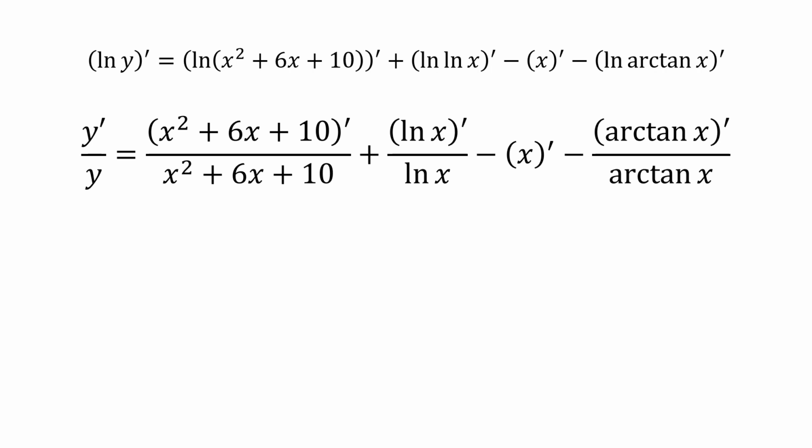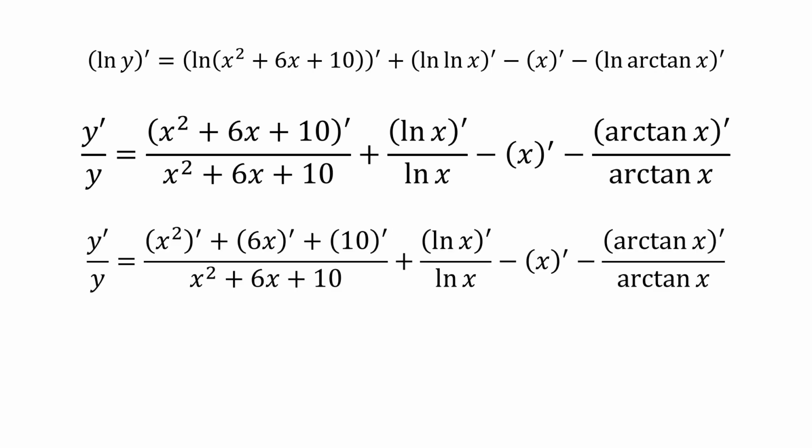This gives us y prime over y equals (x squared) prime plus (6x) prime plus 10 prime all over (x squared plus 6x plus 10) plus (ln of x) prime all over ln of x minus x prime minus (arctangent of x) prime all over arctangent of x.